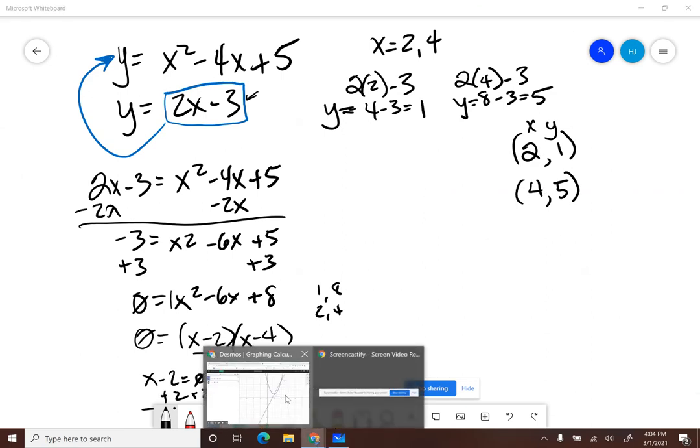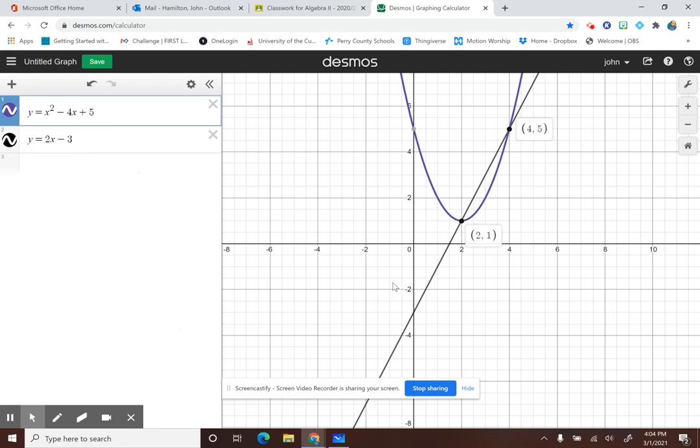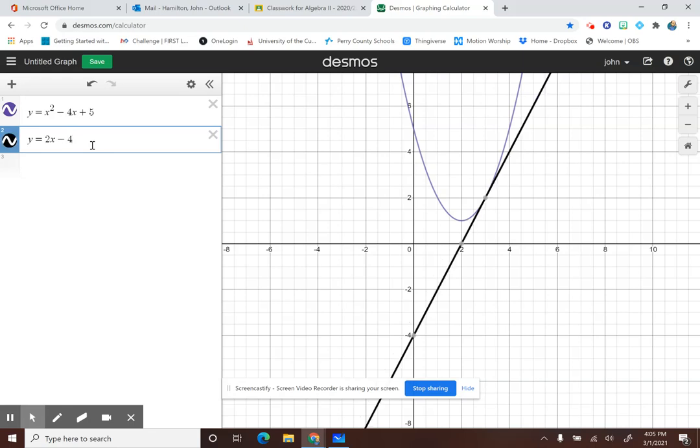I also want you to think about the fact that there are instances where you will not have two solutions. So let's see what we can do here. Let's take this down just a little bit. So y equals 2x minus 4. And here's what I want you to notice now.